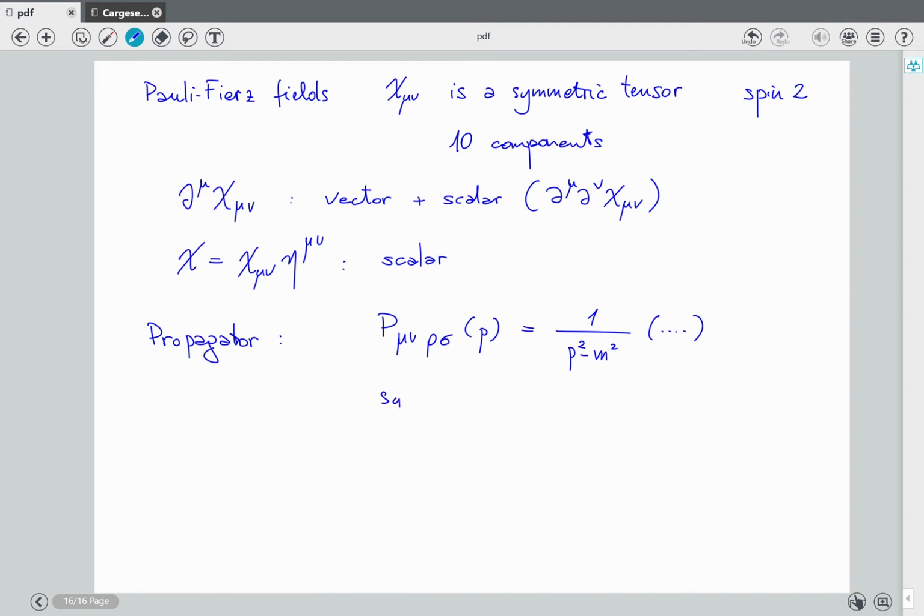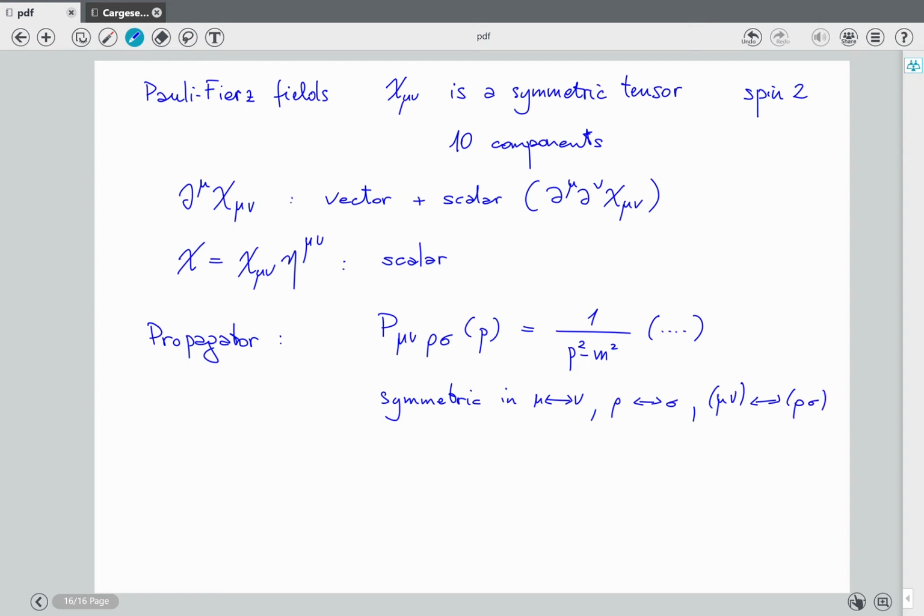And what are the properties that it should fulfill? First, it should be symmetric in the exchanges of mu with nu, rho with sigma, because chi mu nu is symmetric. And also if you exchange the pair mu nu with the pair rho sigma.